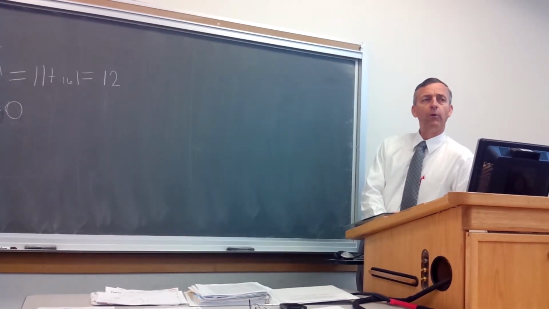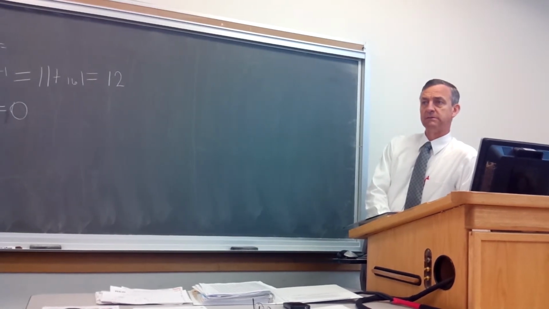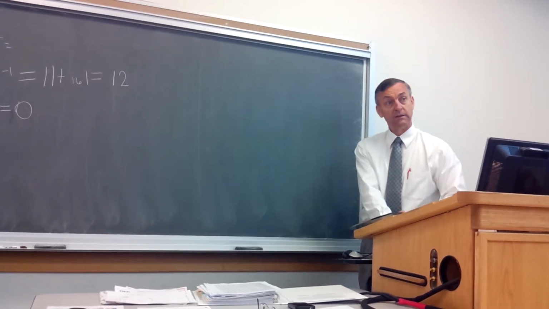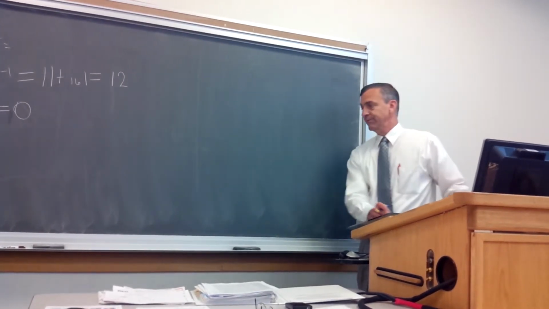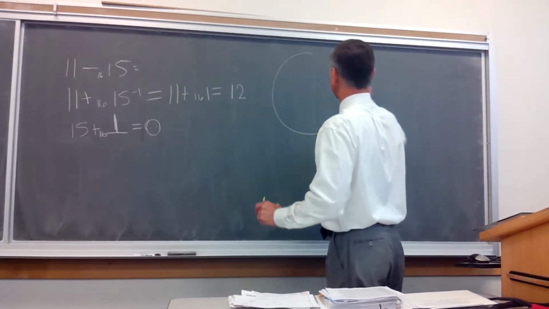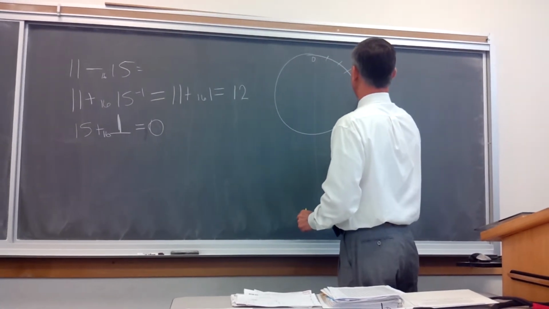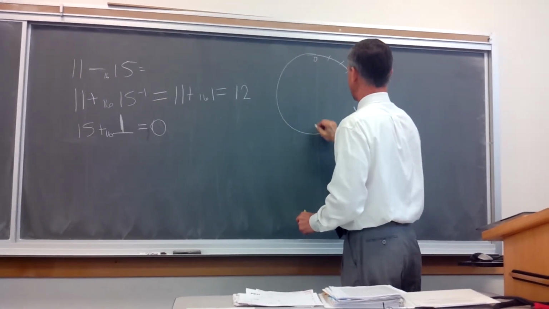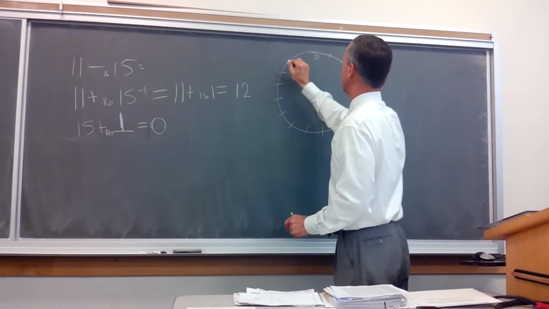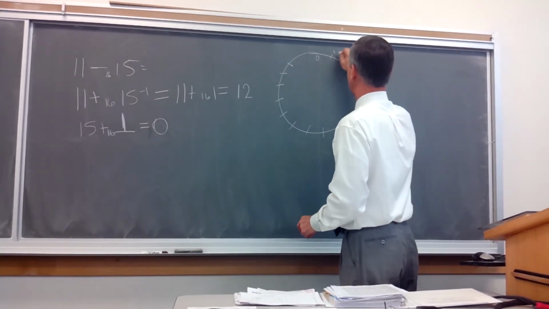Now, how would we check if that's correct or not? Start at 15 and go, do a 16 clock. 0, 1, 2, 3, 4, 5, 6, 7, 8, 9, 10, 11, 12, 13, 14, 15. Let's see. 1. That's right. So 1.